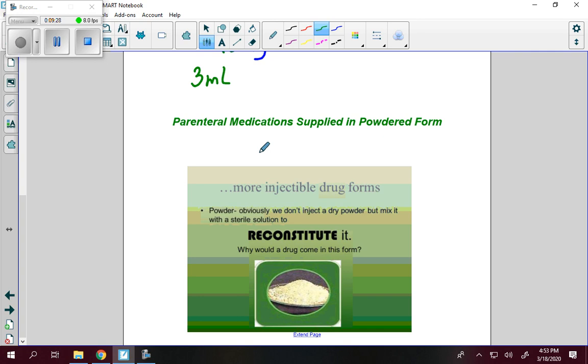The powdered formula is the purest form. So whenever you have this kind of drug, make sure you check the expiration date on the drug itself, the active ingredient, that powder, and also on the diluting agents that you're using. A lot of times after you reconstitute it, you'll have to check how much time you have before it expires. It could expire in an hour, it could expire in a week, and whatnot.